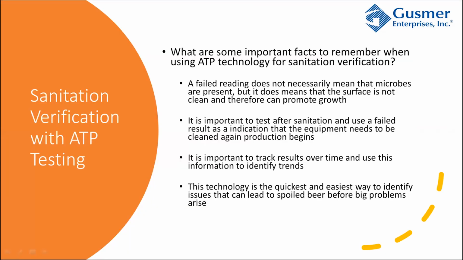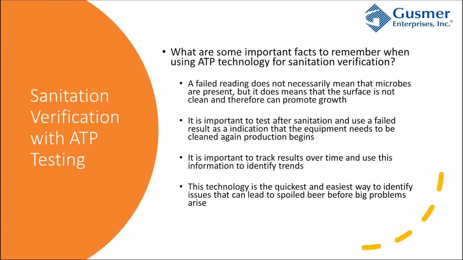So what are some important facts to remember about this ATP technology for sanitation verification? A failed result does not necessarily mean that bacteria and yeast are there, but it does mean that the surface is not clean and therefore can promote bacterial or microbial growth.